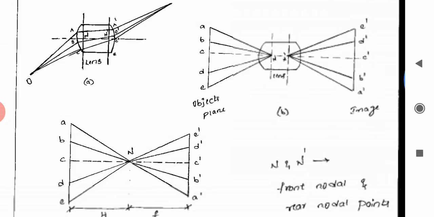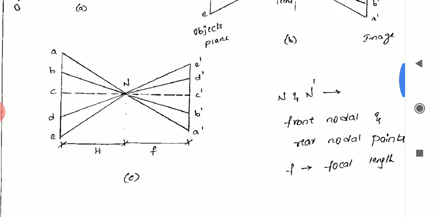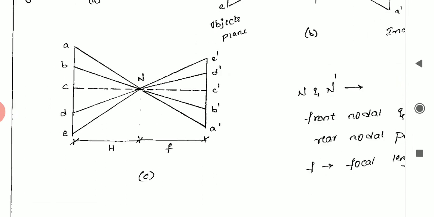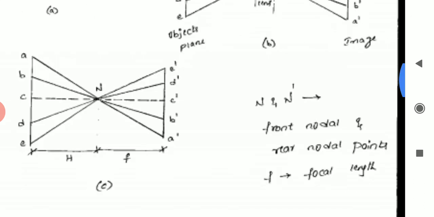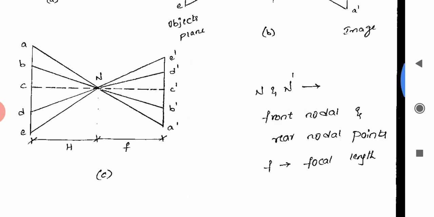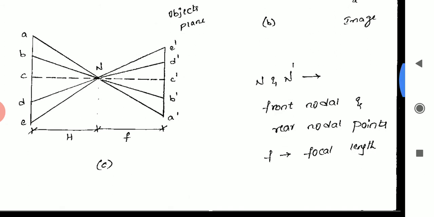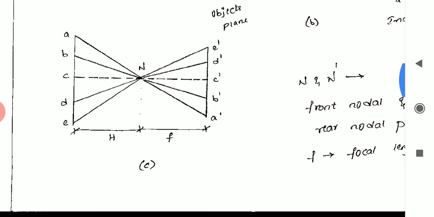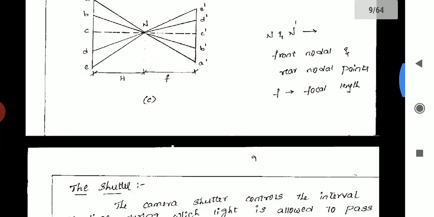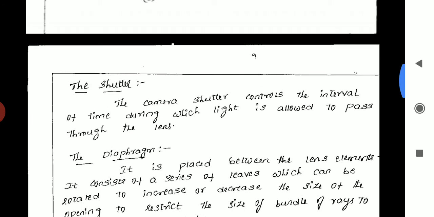Starting point, in this figure, is the observer, and the dash points get the images, and N is the lens. Already they mention N and N dash, the front nodal and rear nodal points, and F is the focal length from the lens to the image.